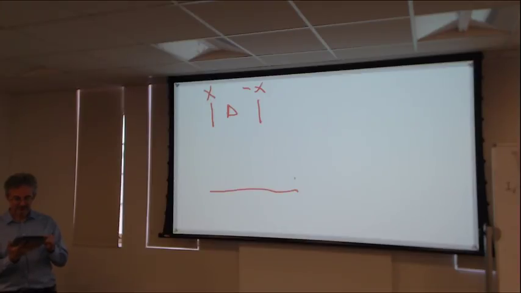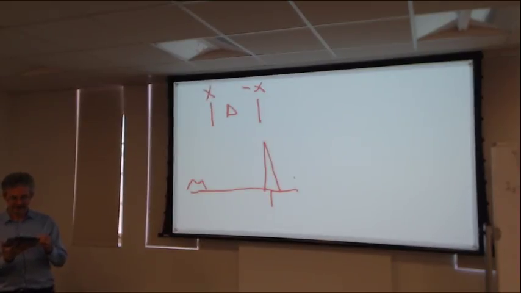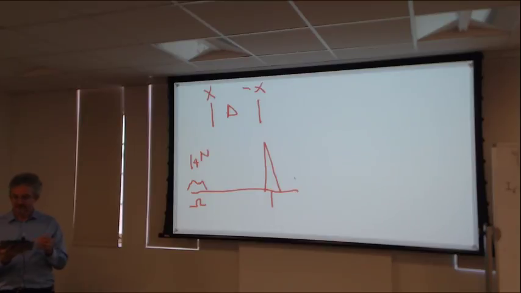And now we imagine that we're on resonance, that the water signal is huge, and over here, at some offset, are the NHs. And we want to generate transverse magnetization in the NHs and leave the water magnetization on the Z. So for on resonance with the water, it's easy to see what happens to the water.